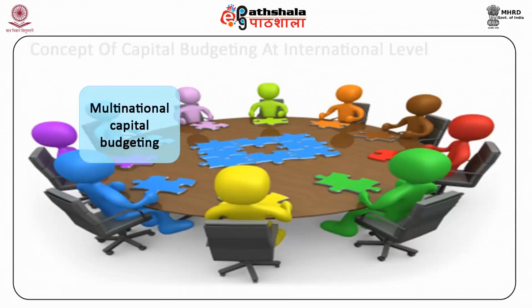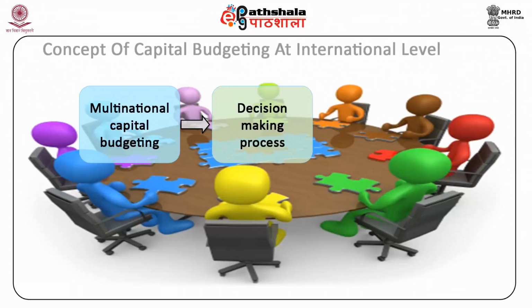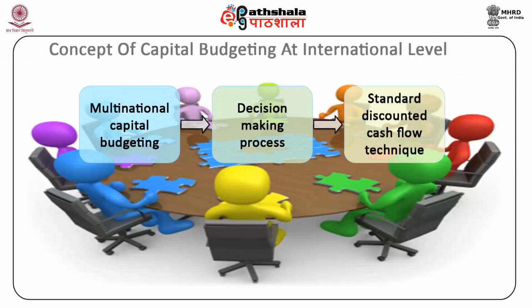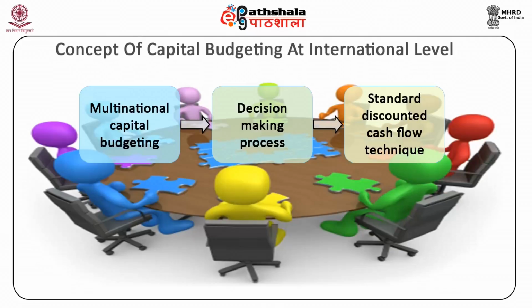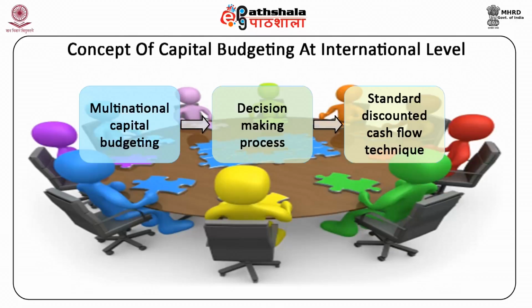In the multinational capital budgeting decision making process, the manager has to appraise the factors by using standard discounted cash flow technique, in addition to other factors that belong solely to international capital budgeting, and apply alternative methods of treating them.